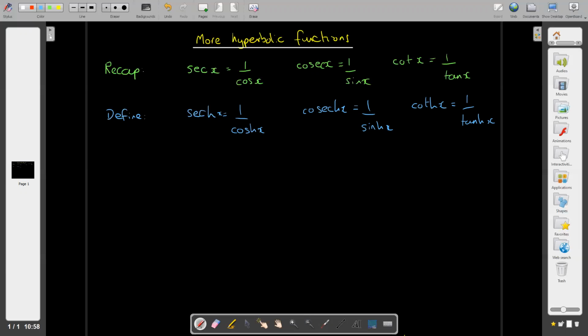In terms of exponentials, 1 over cosh would be 1 over e to the x plus e to the minus x over 2. If I simplify the fraction, I end up with 2 over e to the x plus e to the minus x. So sech x is equal to 2 over e to the x plus e to the minus x.